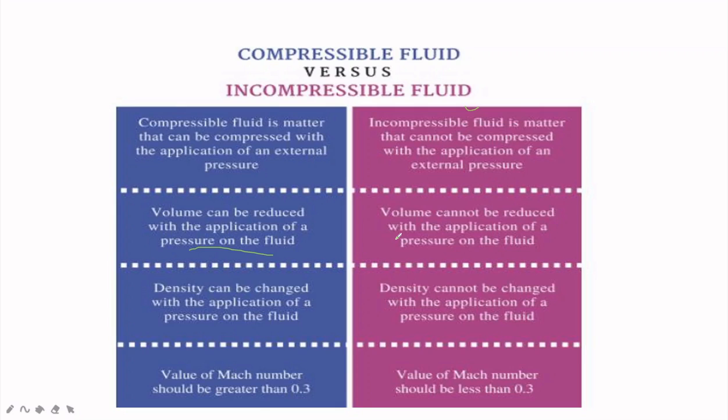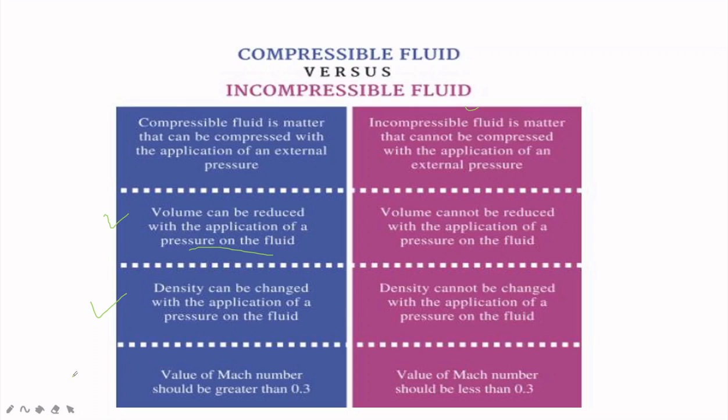When density is not changing, what about volume? It will also not change with application of pressure on the fluid. Here, density can be changed with application of pressure on a fluid. They are just using volume in one place and density in the other. Here, density cannot be changed with the application of pressure on a fluid. The value of Mach number should be greater than 0.3 for compressible fluid.